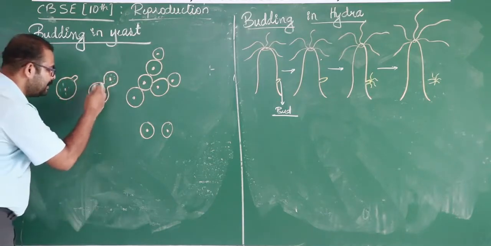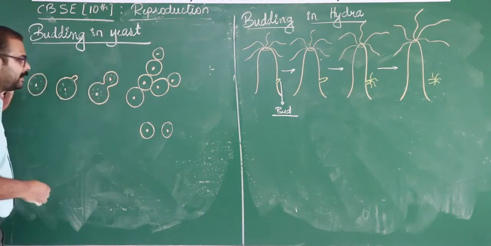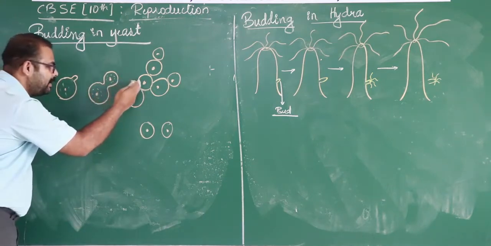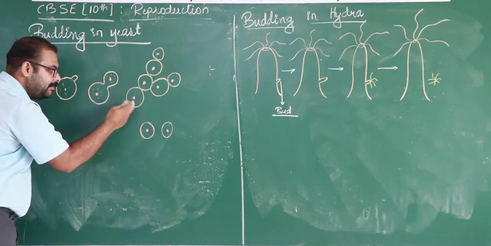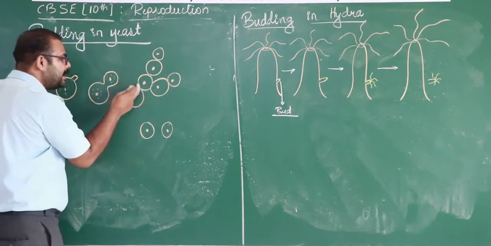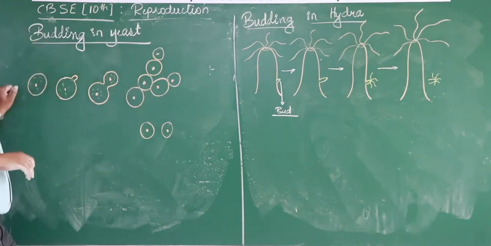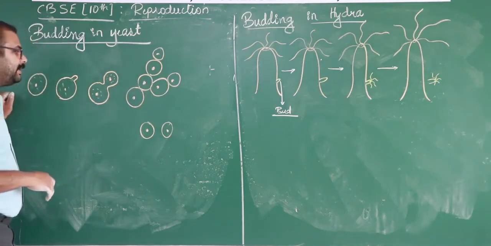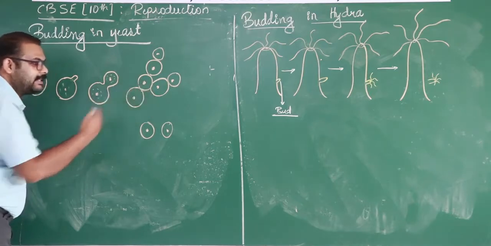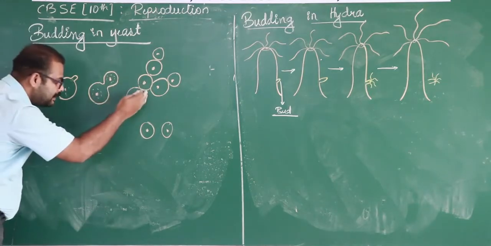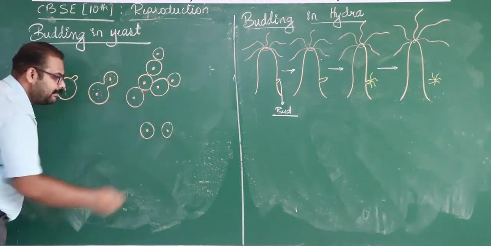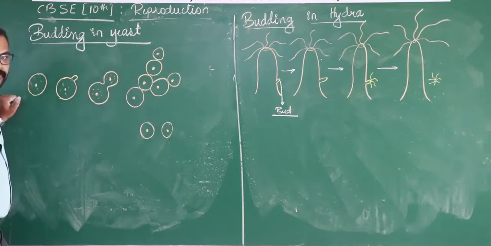Then ultimately the cell membranes join together and this forms a newly formed yeast cell from the parent. Now this undergoes cell division again and produces two more cells. The newly formed yeast cells may still attach to the parent cell, or they may separate from the parent cell and grow as independent cells.